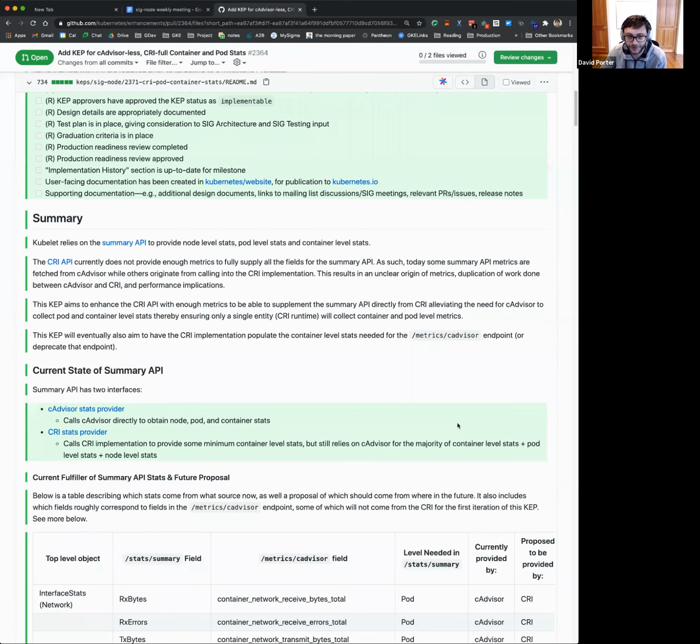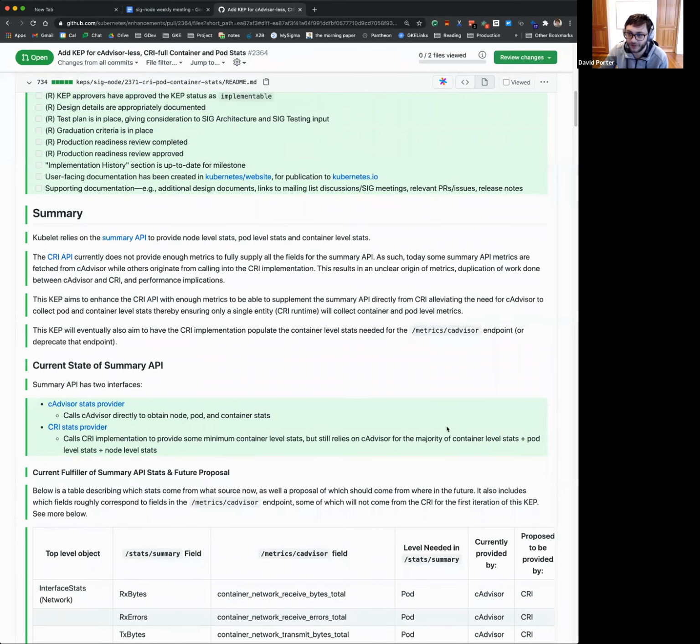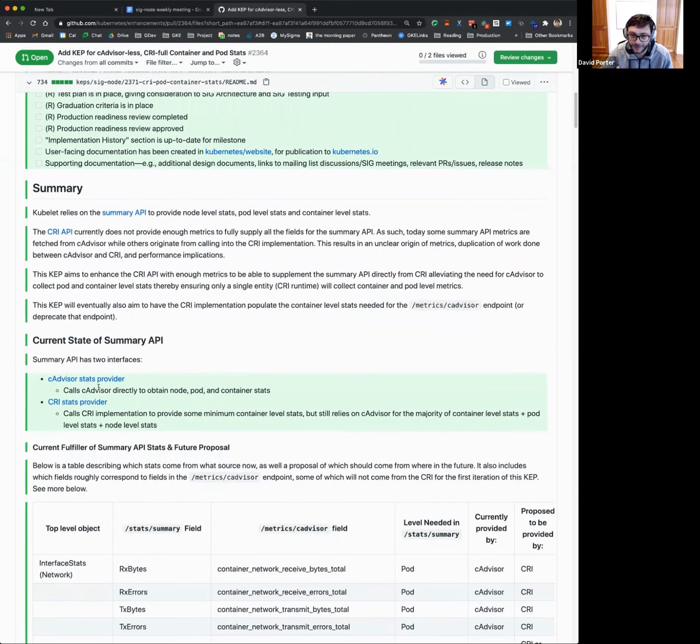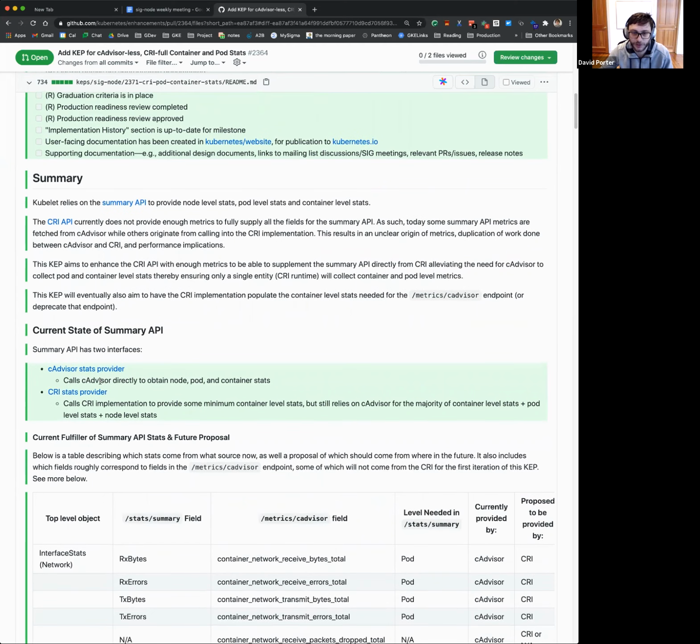So that's the idea that we went with in this KEP: the summary API we need to support. The problem today is that when you ask the summary API for metrics, it can collect metrics either from cAdvisor directly, if you're not using CRI, or, if you are using CRI, it collects some metrics from CRI, but most of the metrics are actually coming from cAdvisor today.